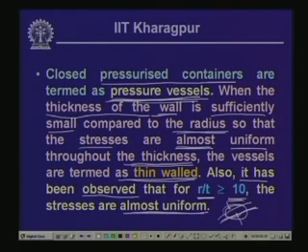So, to define precisely, when the thickness of the wall is sufficiently small compared to the radius, so that the stresses are almost uniform throughout the thickness, then the vessels are termed thin walled pressure vessels. And the criterion is that if R by T, the radius to thickness ratio, is greater than or equal to 10, then we call that kind of vessel a thin walled pressure vessel.